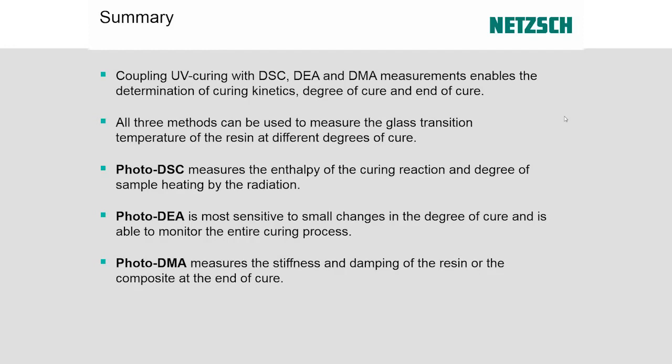Using the DSC, you're able to get enthalpies of curing reactions and degree of cure based on the heat output. On the DEA, you're able to sense all the way out to the very end of cure using dielectric properties. And then the DMA, you're able to get mechanical properties of a resin or a composite all the way to the end of the cure.